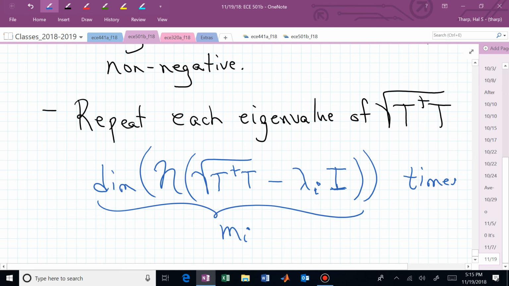Then we would have that many repeated singular values. Little m sub i could be 2, or 3. If m sub i was 2 and the singular value corresponding to the eigenvalue of this positive square root of T dagger T was 20, then we would have 2 singular values equal to 20. Likewise, if m sub i was 3, then we have 3 singular values of our linear operator T having the same value.